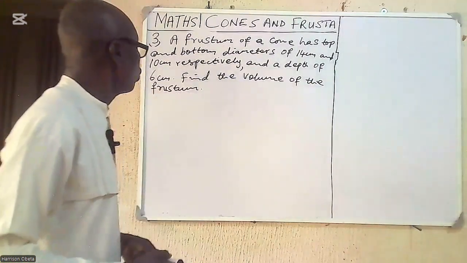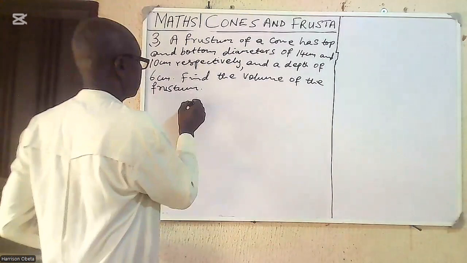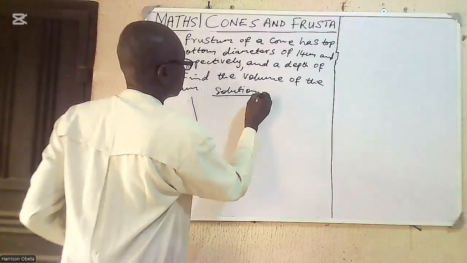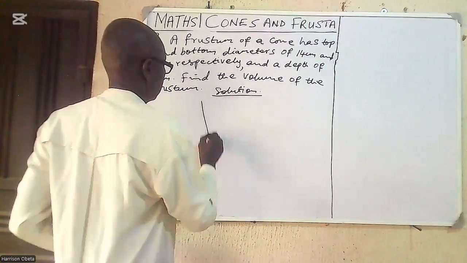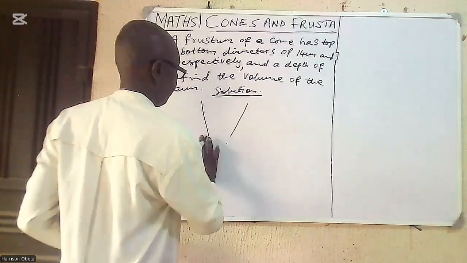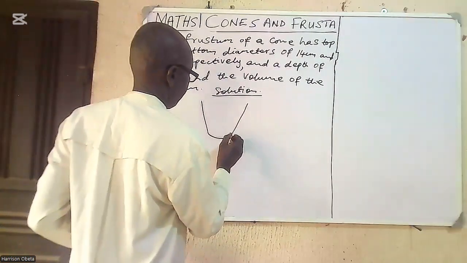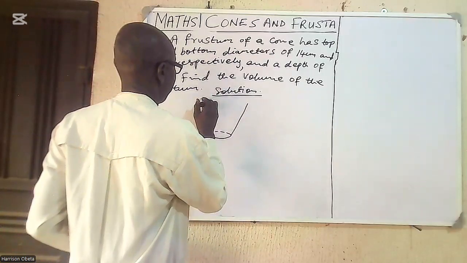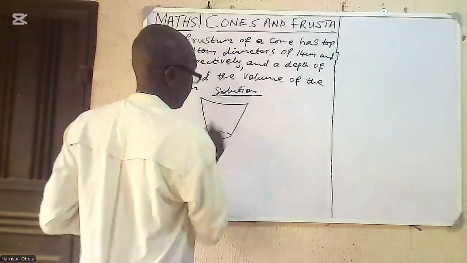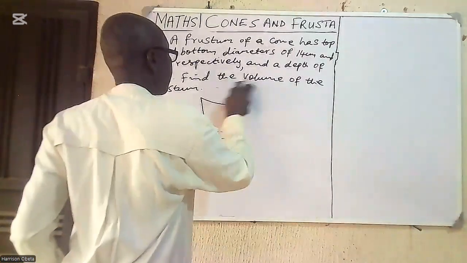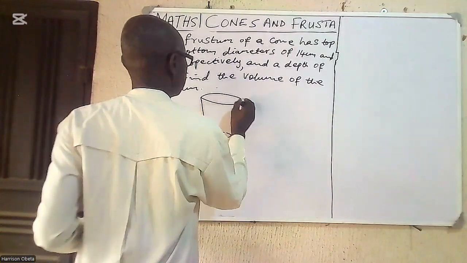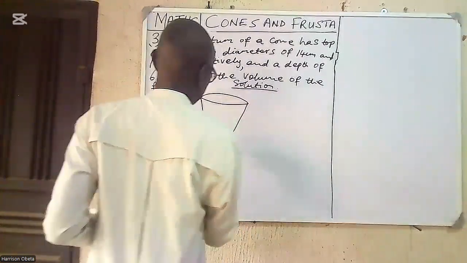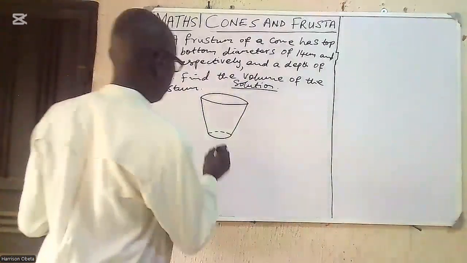Find the volume of the cone of the frosting. We draw. Then we complete the cone.